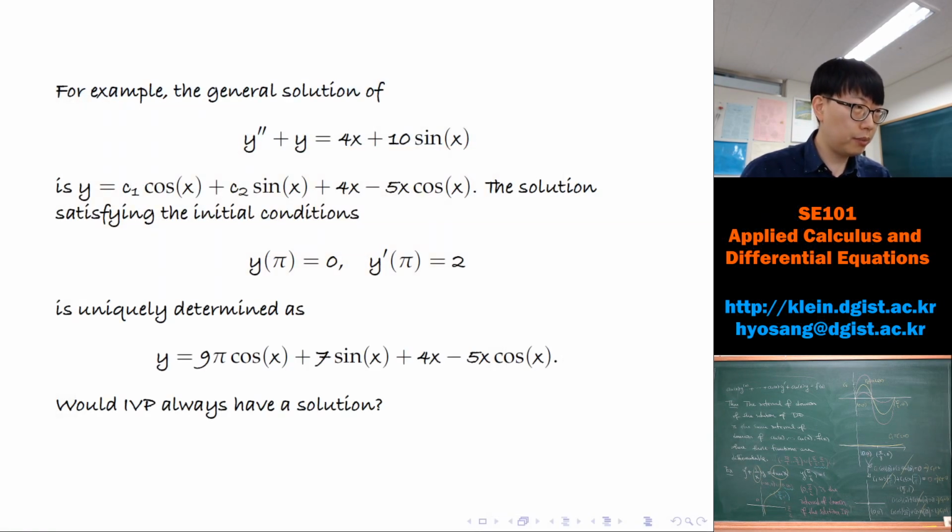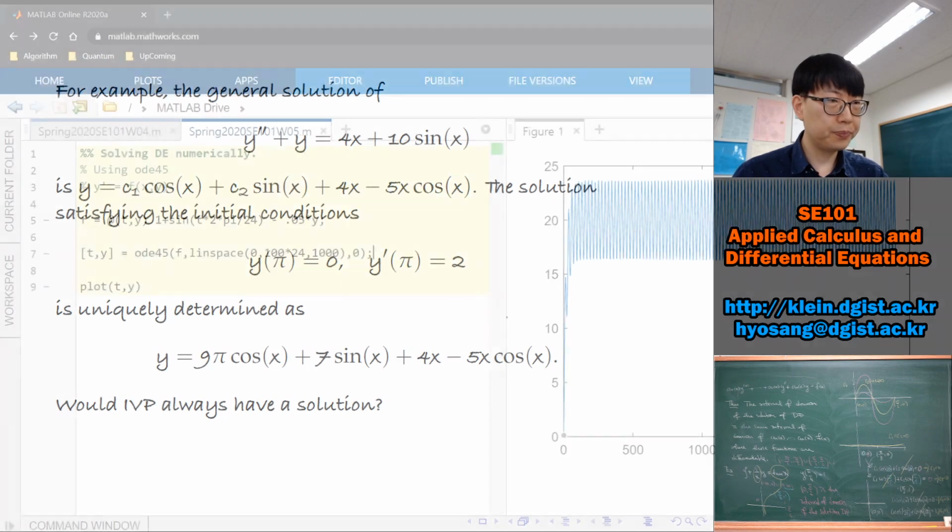Yeah, we had this example, and let's check the solution of the initial value condition at pi. Okay, we had a specific solution, but I just want to graph it without actually finding the solution by hand.